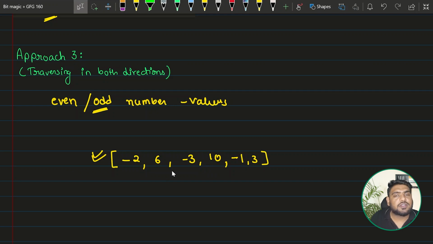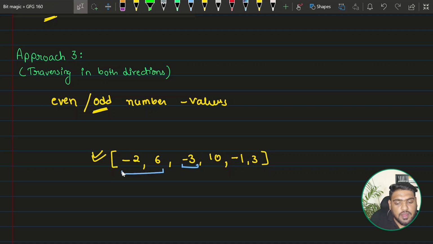Now, which numbers can we avoid? Let's say if we avoid this -2, then I can take this leftover array, and then I can maximize its product. What if I take -2 under consideration, but I try to ignore -3? Then in that case, we have two possibilities.